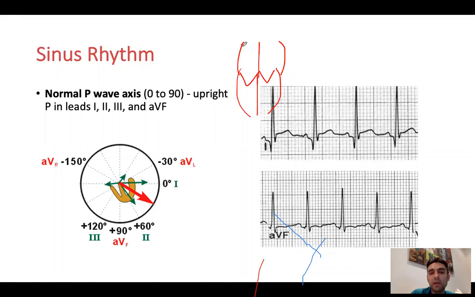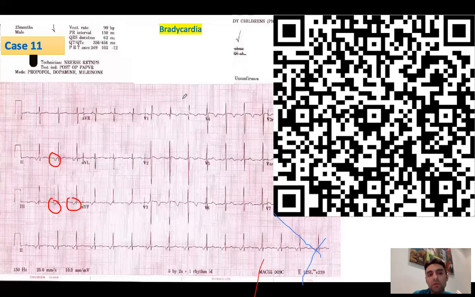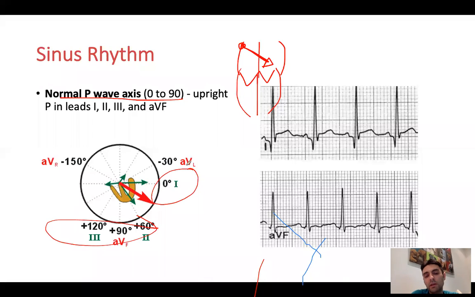So the atrial activation vector goes superior to inferior, right to left. Left leads and inferior leads will have positive P waves. Normal P wave axis is between 0 and 90, upright in left and inferior leads. In this case, the P wave is negative in the inferior leads, so the atrial activation is coming from below up.